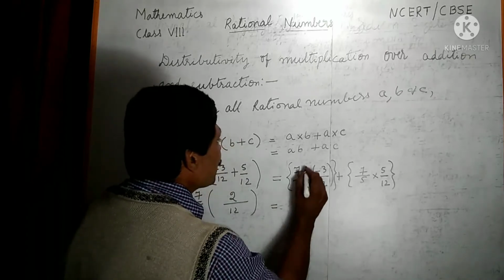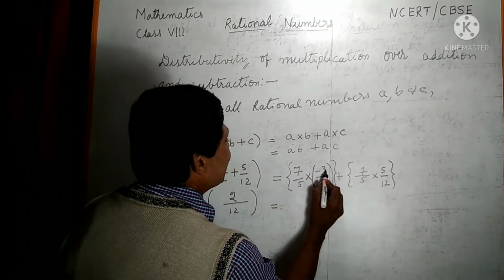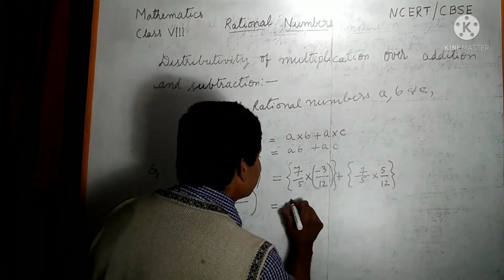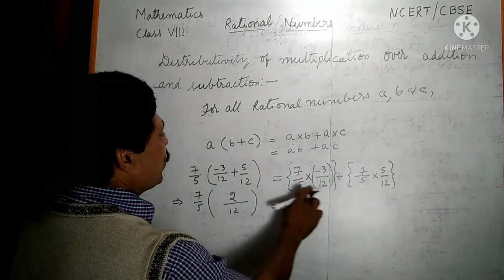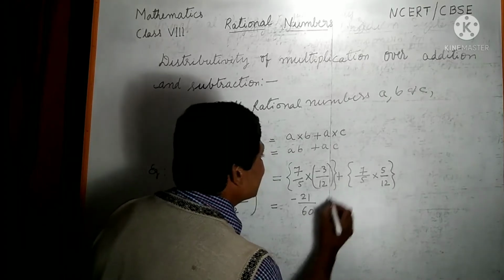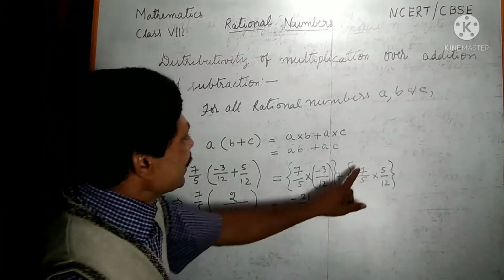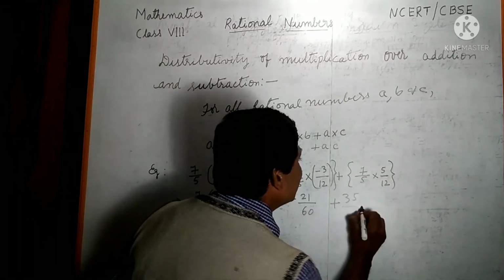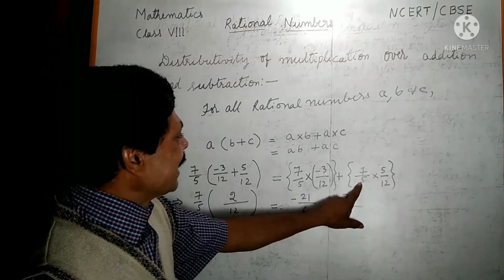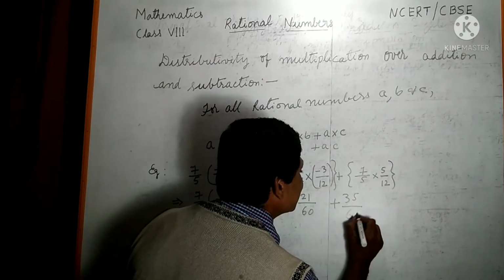This is equal to 7 times 3 is 21 and sign is minus, divided by 12 times 5 is 60, plus 7 times 5 is 35, divided by 12 times 5 is 60.